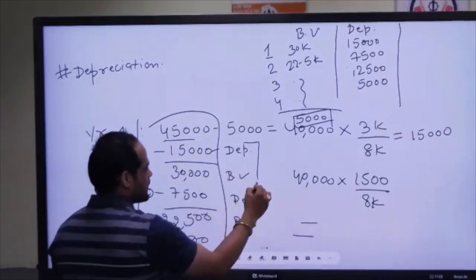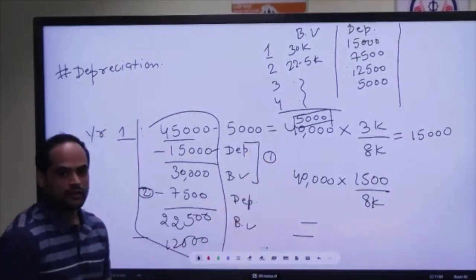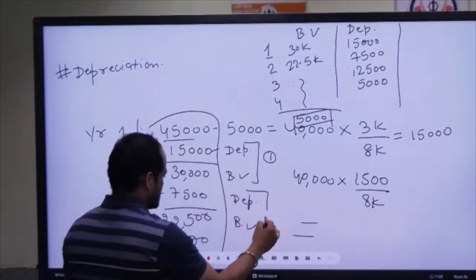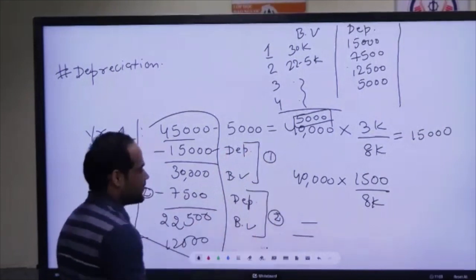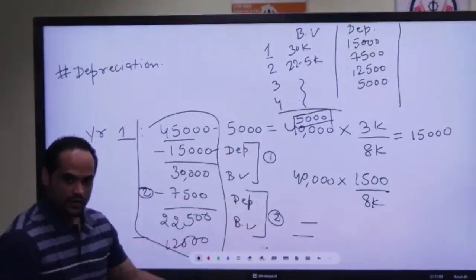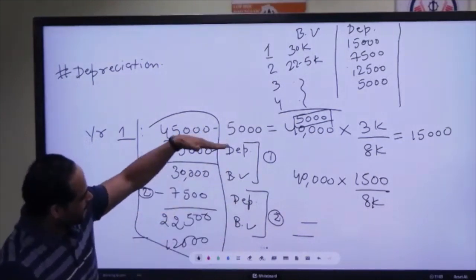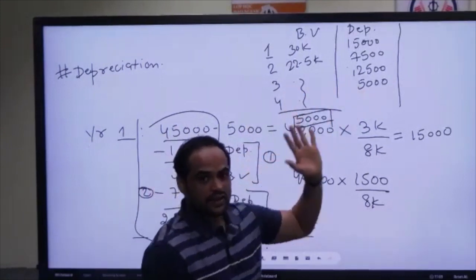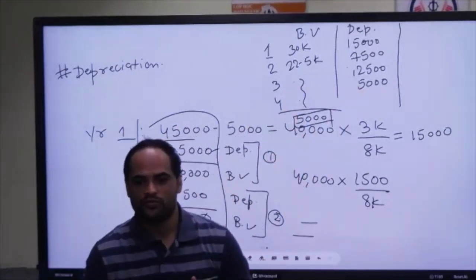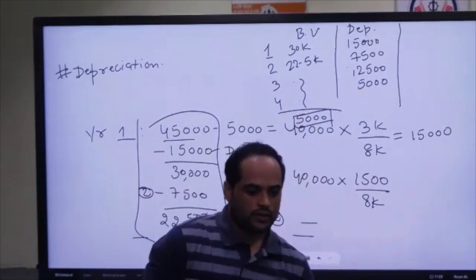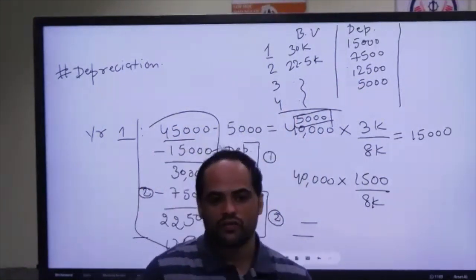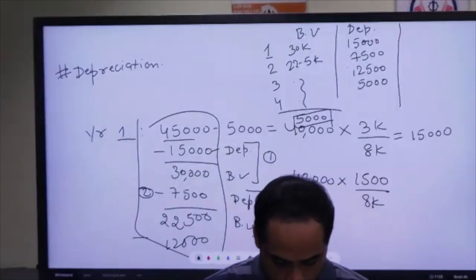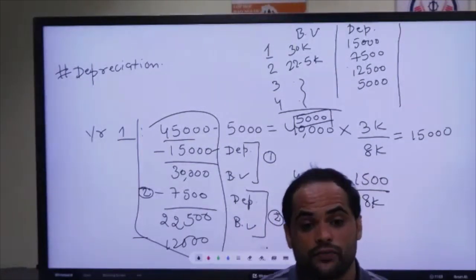So this is the first year depreciation and book value. This is the second year, third year. So you can do it like this, or like this. It's up to you. What do you prefer, right? Yes, you have to show the book value and the depreciation for every year, right?